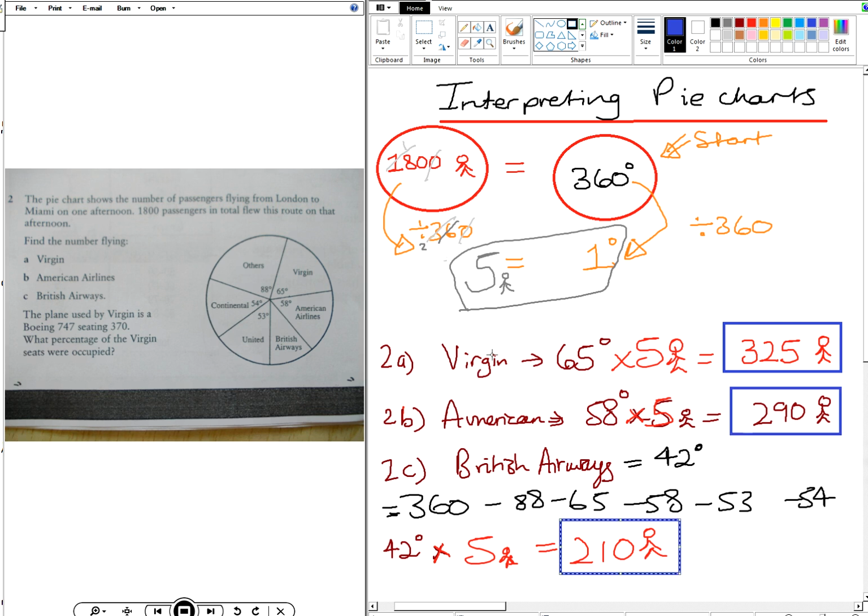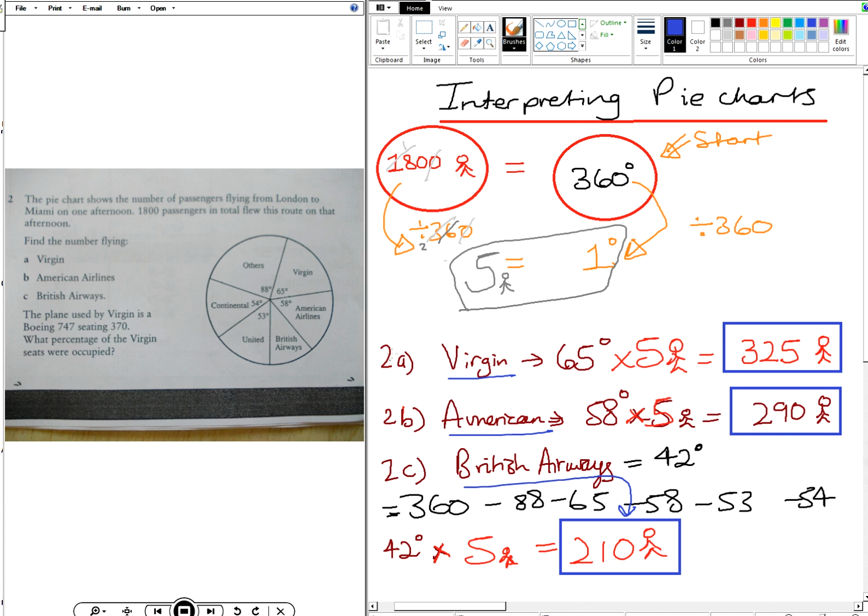So we've done the Virgin flight, we've done the American flight, and the British Airways, this one here. Okay, now, what's the next question saying? It's saying the plane used by Virgin is a Boeing 747, seating 370. What percent of the Virgin seats were occupied? Are you happy with what we've done here so far?